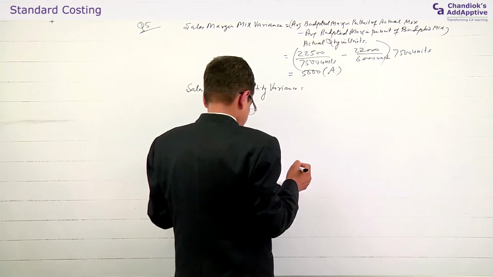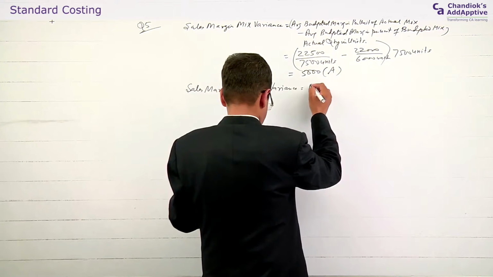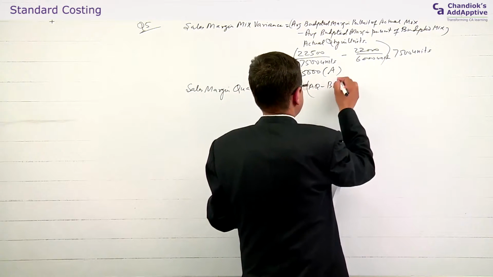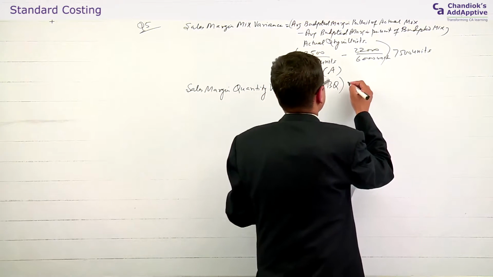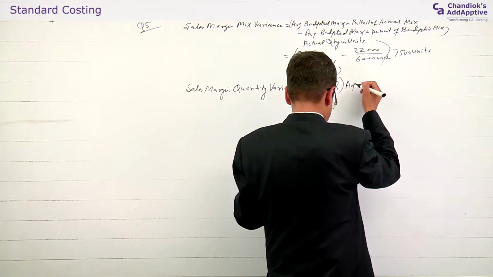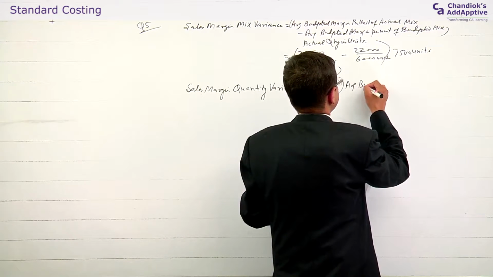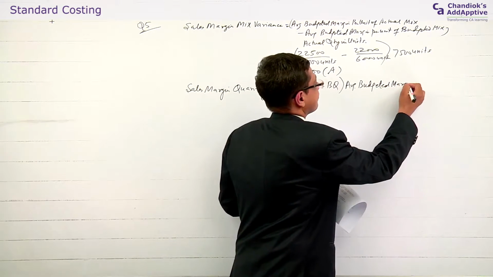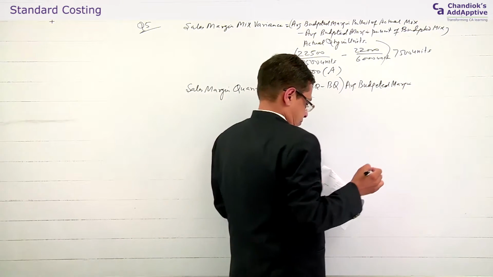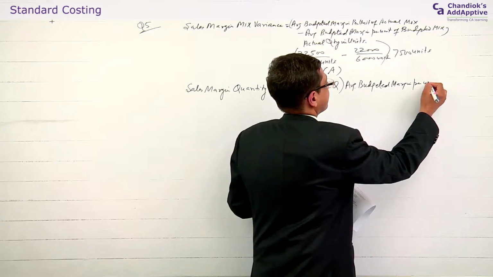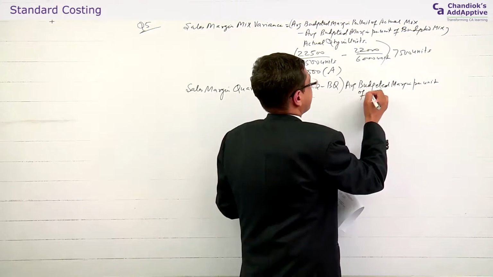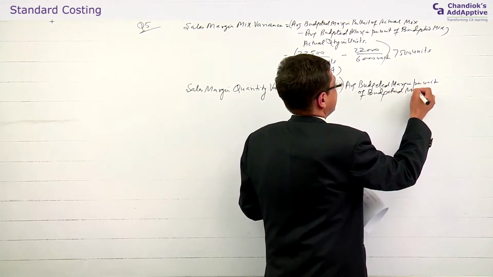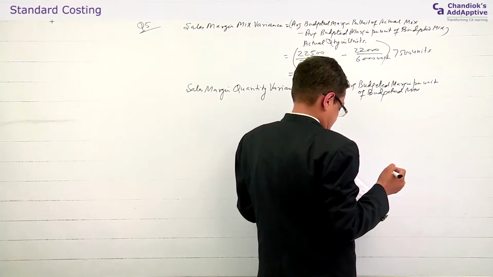Now, we proceed to find another variance, which is sales margin quantity variance. Again, this is actual quantity minus budgeted quantity with respect to average budgeted margin per unit of budgeted mix, right.